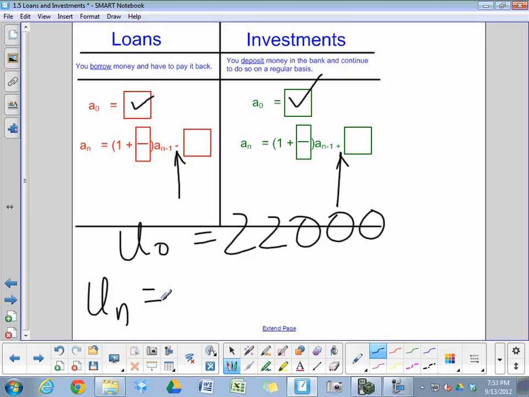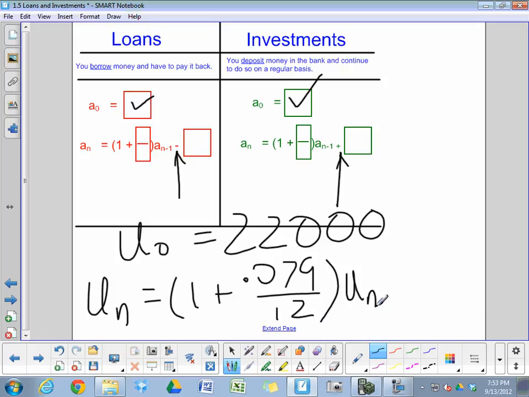We're pretty used to the U's, so is the calculator, which is what we're going to be using for this one. We're going to take 1 plus the interest rate, 0.079, divided by 12 months per year, times U sub n minus 1, that's the amount you had in the previous month, minus 300. You're trying to pay off this loan by paying $300 a month. So we're going to go to the calculator now.